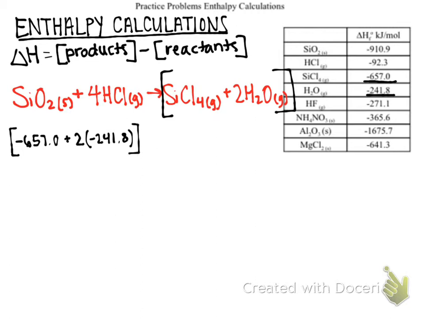So those are all your products, and then you have to subtract the sum of your reactants. SiO2 solid has a value of negative 910.9. And 4 HCl gas, so you have 4 times the value of HCl gas, which is negative 92.3.